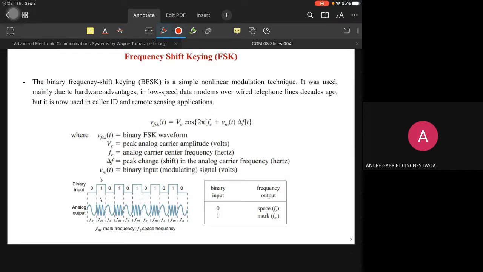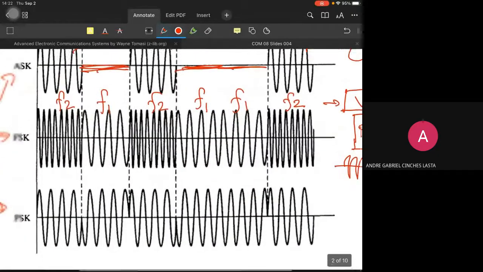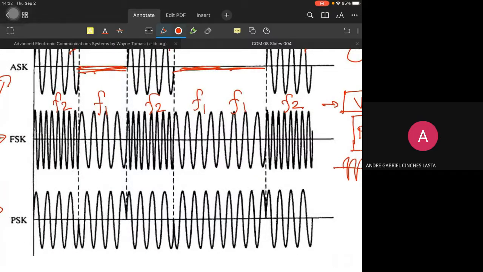So let's move to FSK. Let's go back to our preview earlier. When we say FSK, the carrier's frequency is manipulated. The amplitude is uniform, and what varies is the frequency. So for logic 1, the frequency is higher than for logic 0.